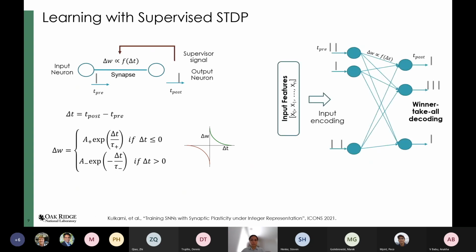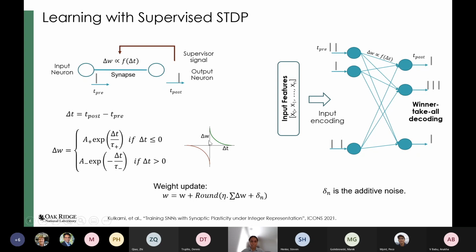For our particular problem, we look at a simple two-layered network for the purpose of classification, and we have labeled data associated with the input features. To guide the process so that different neurons get specialized to the different classes of the input, we also have a supervisor signal which determines the direction in which the weight update rule needs to go in order to train the network for the whole data set.